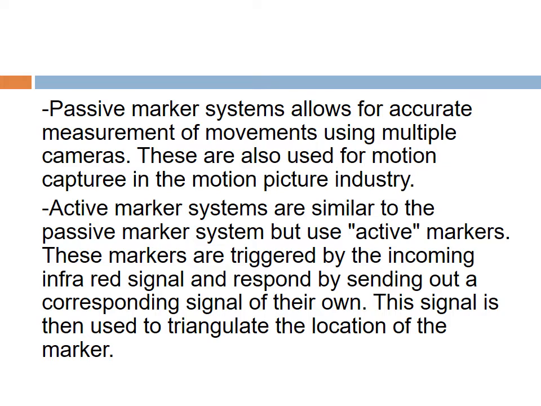Active marker systems are similar to the passive marker system but use active markers. These markers are triggered by the incoming infrared signal and respond by sending out a corresponding signal of their own. This signal is then used to triangulate the location of the marker.